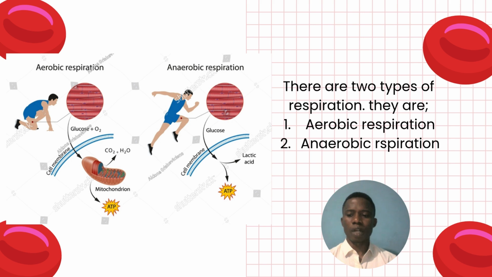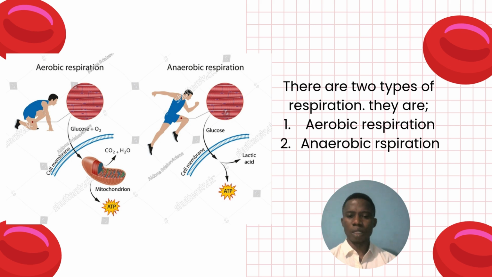Aerobic respiration, on the left, requires oxygen and happens in the mitochondria. It breaks down glucose completely to carbon dioxide and water.